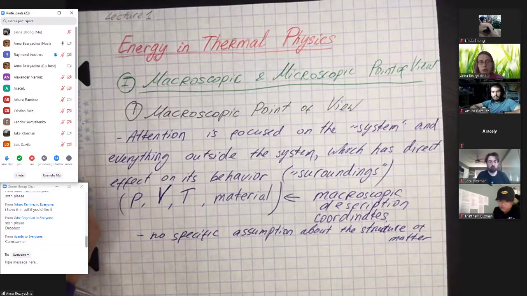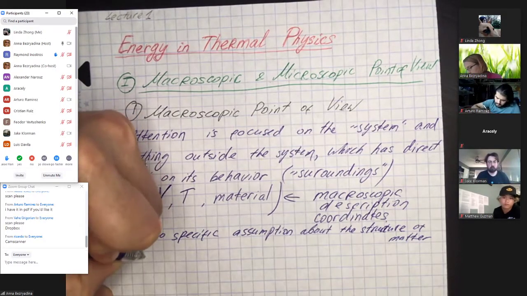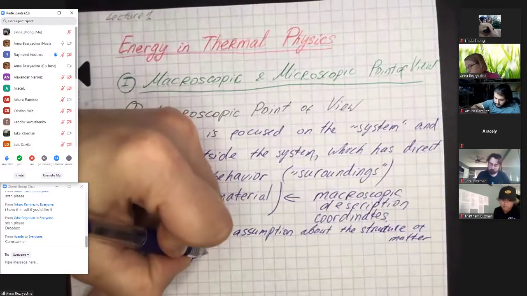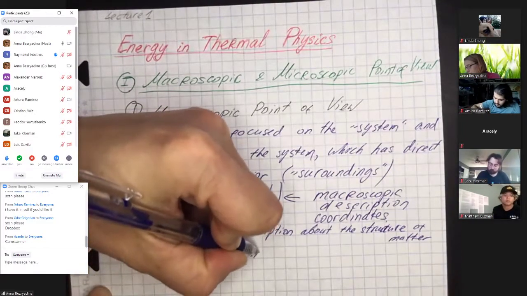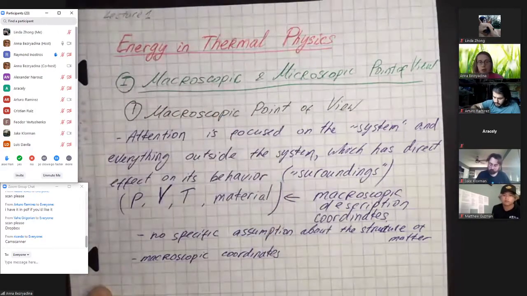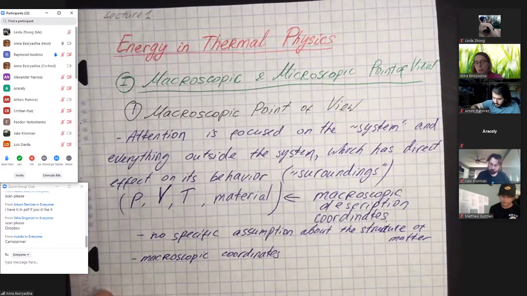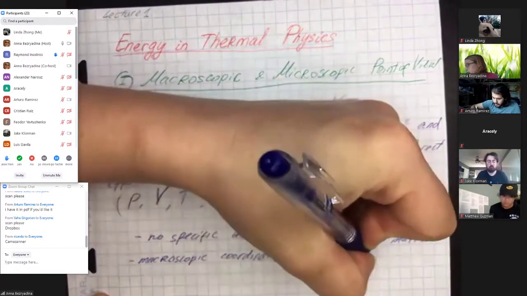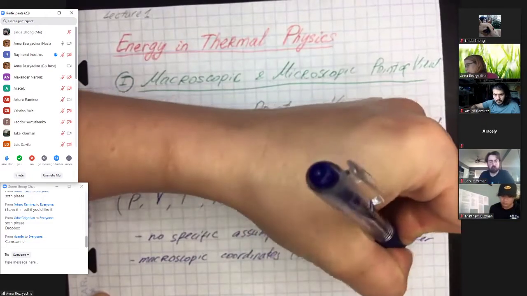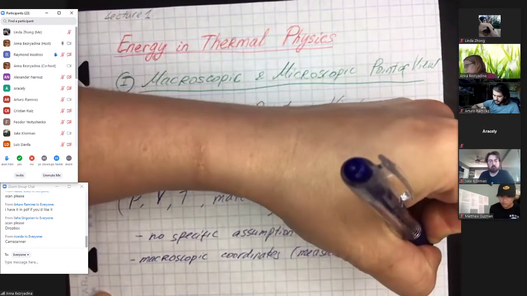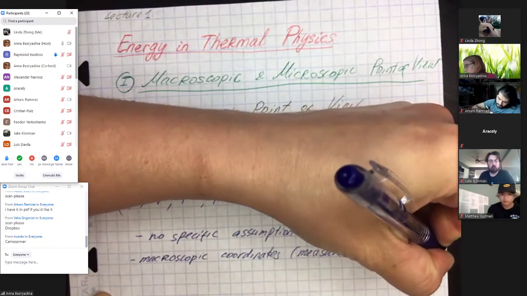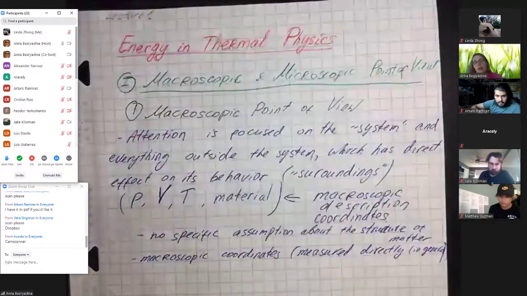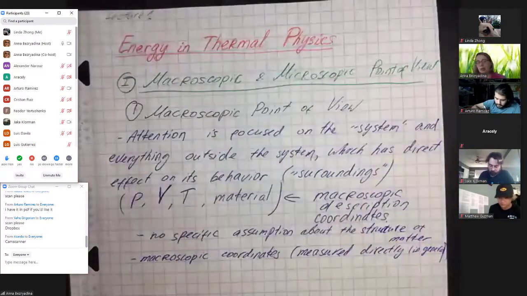And we have macroscopic coordinates, and they can be measured directly in most cases, in general.